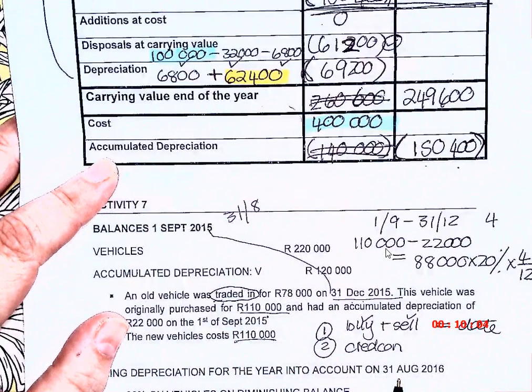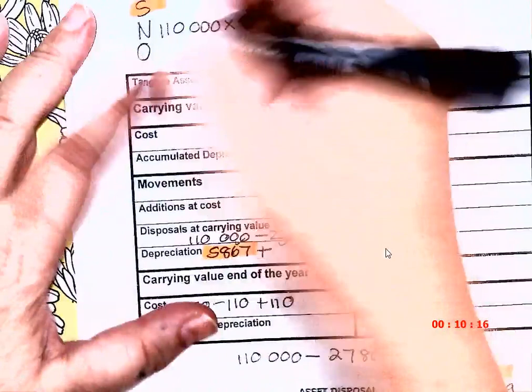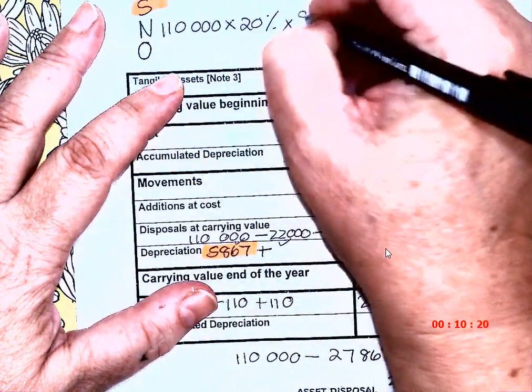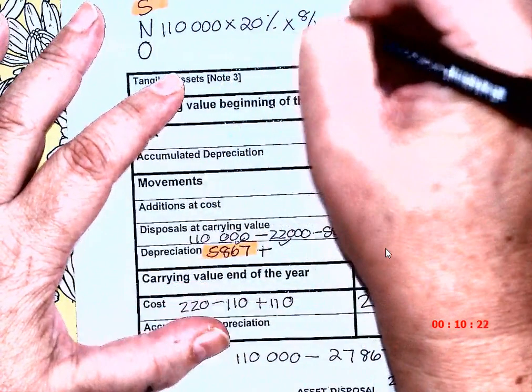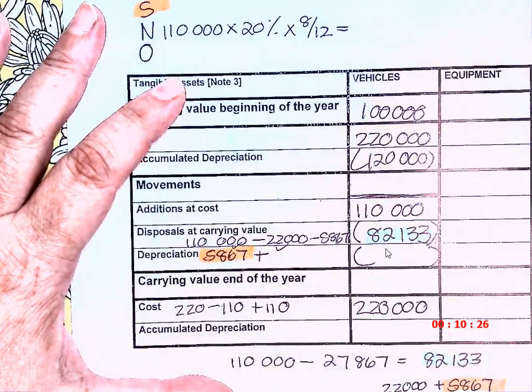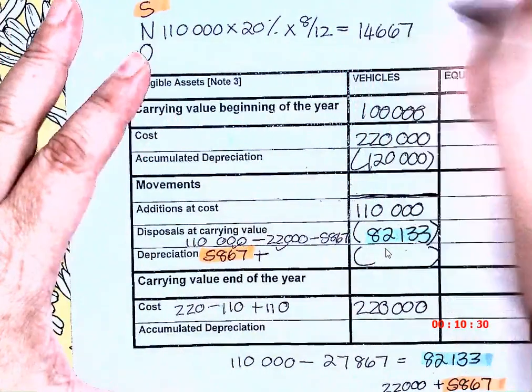So now, I bought it 31st December, meaning I had it January, February, March, April, May, June, July, August, 8 months. So, I'm going to times 110 times 20% for 8 months, and that gives me my new one: 14. And I'm going to add that.